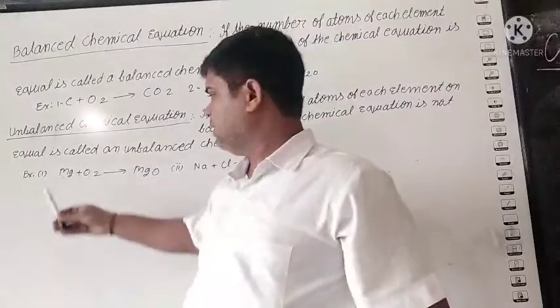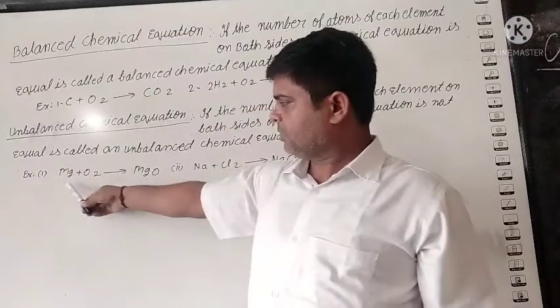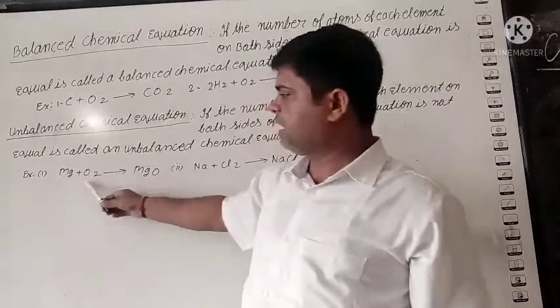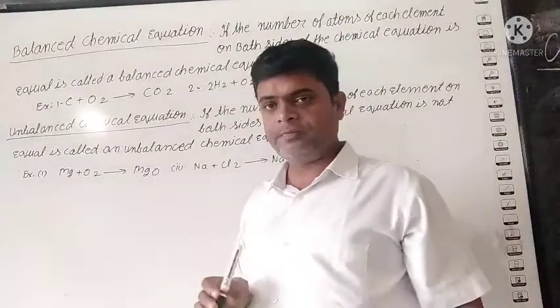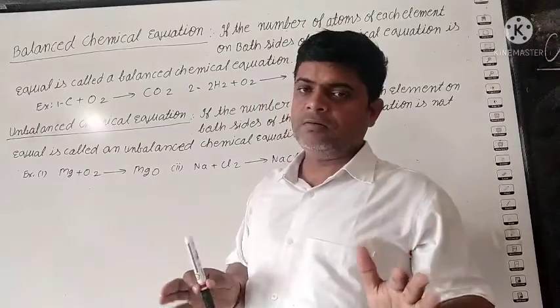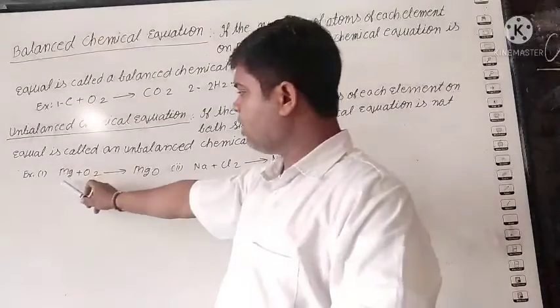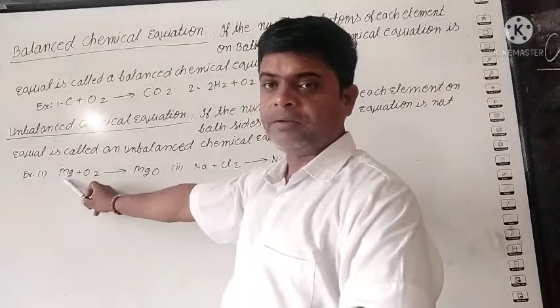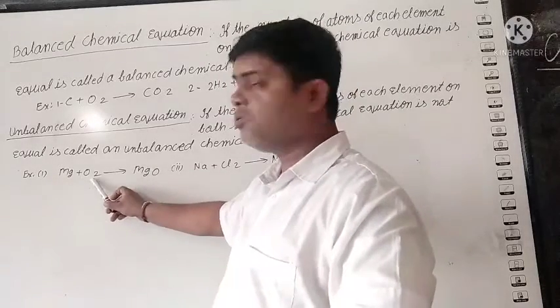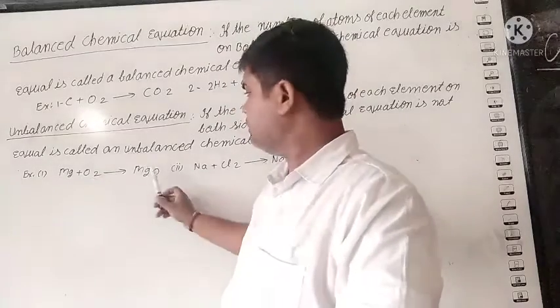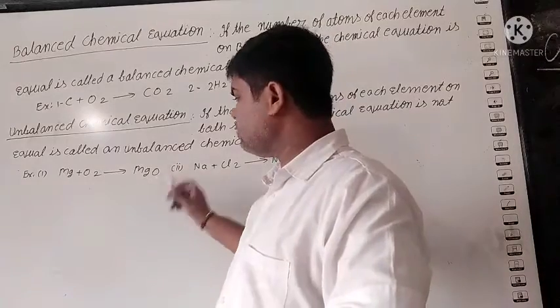See students, when magnesium reacts with oxygen, it forms magnesium oxide. It means when magnesium burns, it forms magnesium oxide. So see, how many magnesium atoms? One magnesium atom. How many oxygen atoms? Two oxygen atoms. Here, one magnesium and one oxygen.